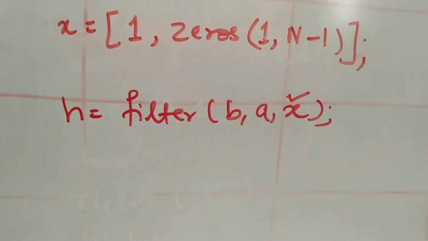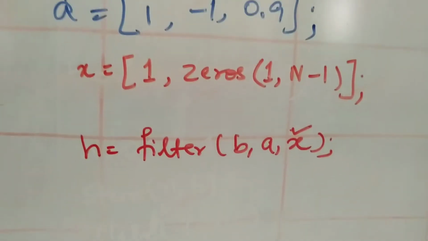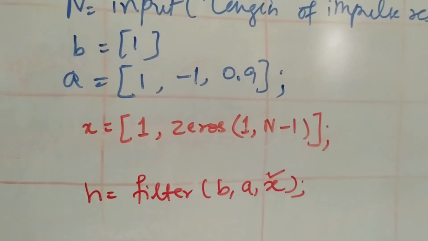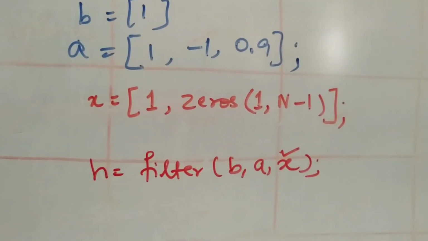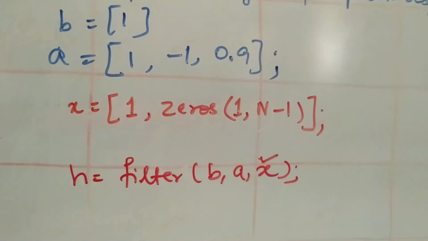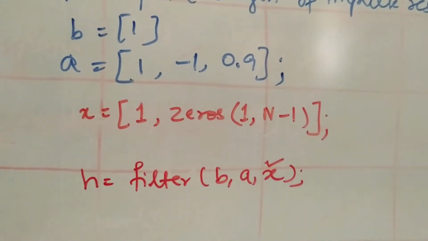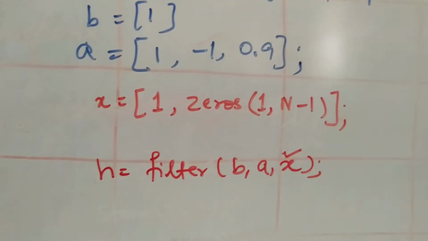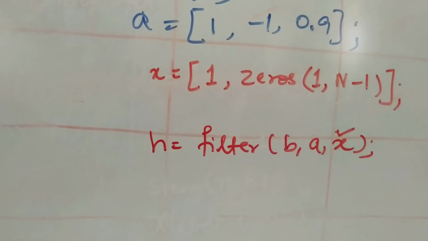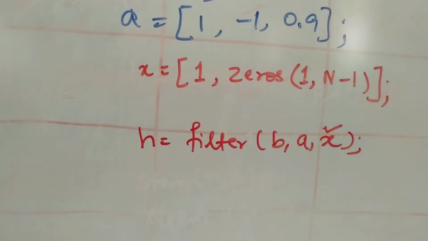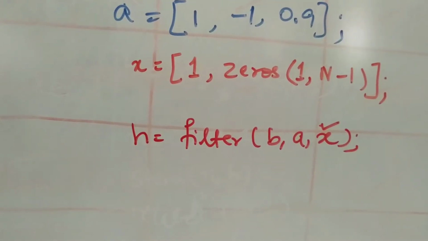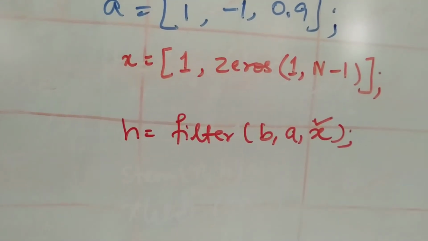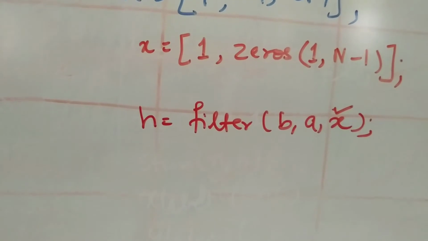After obtaining this H value, we have to represent it in two plots, that is two graphs, right? To get that, we have to make use of the function called subplot, because we are going to plot more than one graph. So one plot will be responsible for the n sequence, the impulse input, and the other plot will be for the given n sequence, what will be the impulse response.